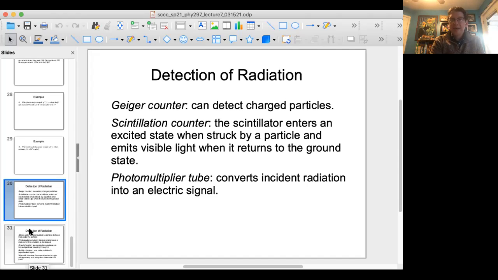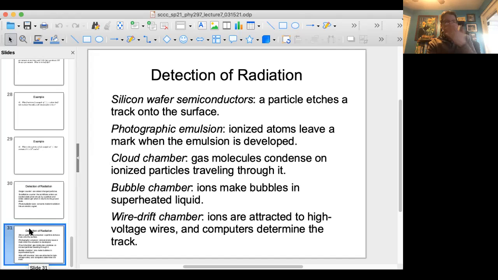So basically, a scintillator glows in the presence of radiation. A photomultiplier tube converts incident radiation to an electric signal. You can use that to measure the intensity of lasers, but you can also use it to measure the intensity of radioactivity or radioactive substance, or the decay rate.